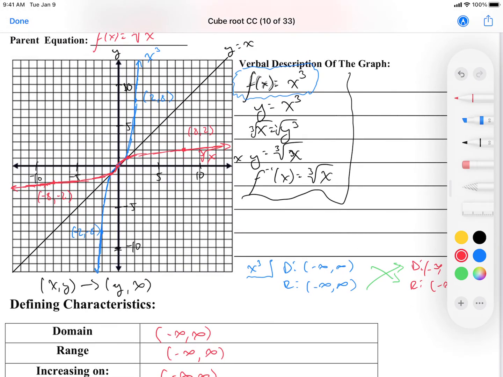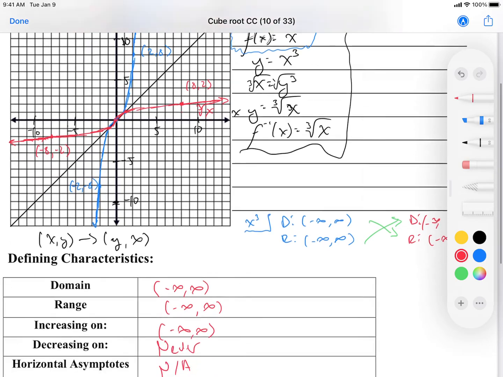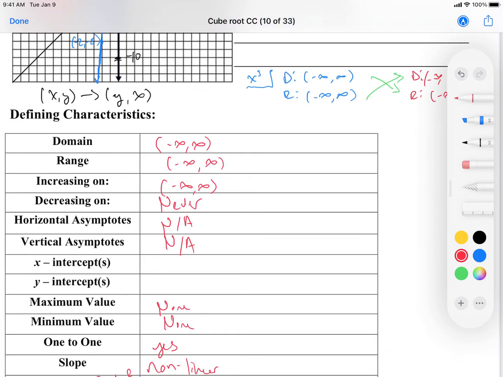For these, understand that if we knew the x-intercept for the original function, x cubed, which in this case was (0, 0) for both, then they're actually going to switch. My x-intercept becomes my y-intercept, and my y-intercept becomes my x-intercept for its inverse. So in this case, unfortunately, they're both going to be zeros.